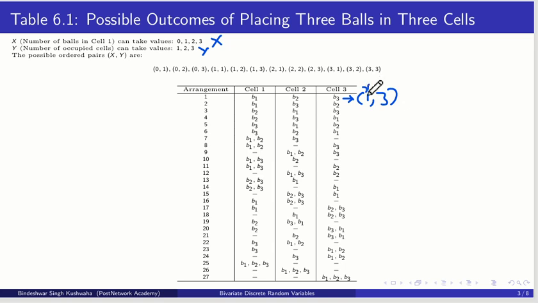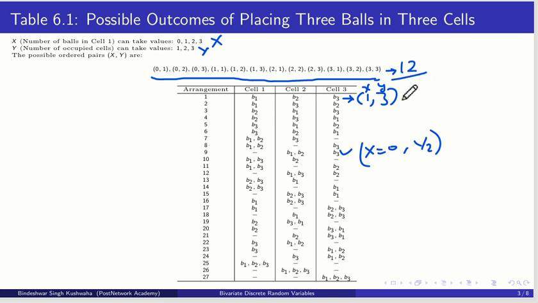That is X and that is Y. Here in cell 1, X is equal to 0 and Y is equal to 2. In this way we will have 12 valid pairs.